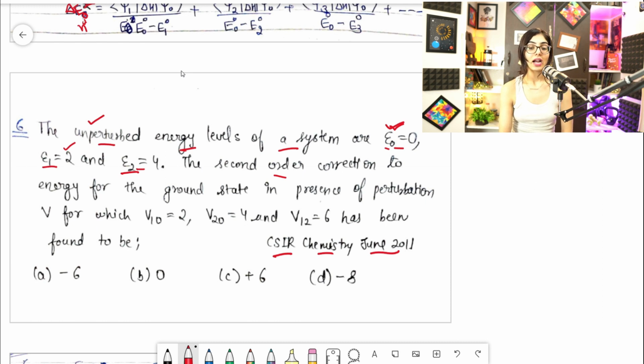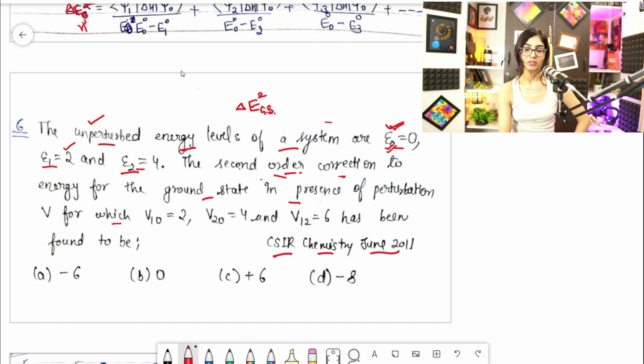Now it is given the second order correction. Second order correction means this one; order always comes in superscript, so I will write 2 over here. The second order energy for the ground state. So here the ground state will come. I don't know which system the question is talking about, but obviously E0 is given.